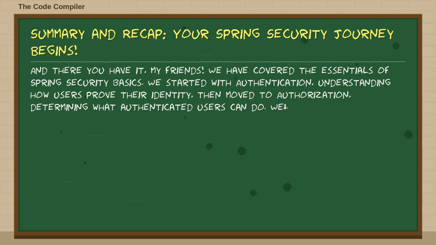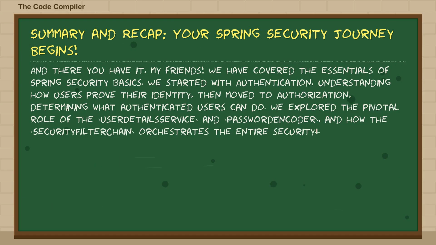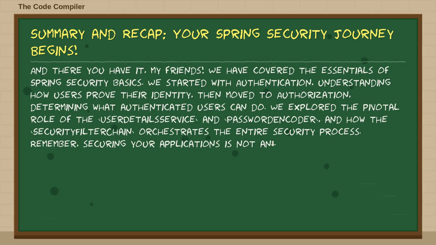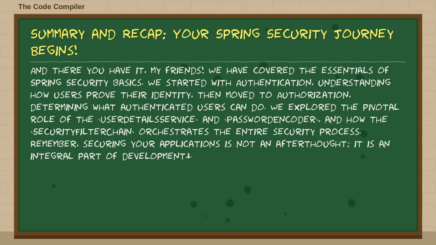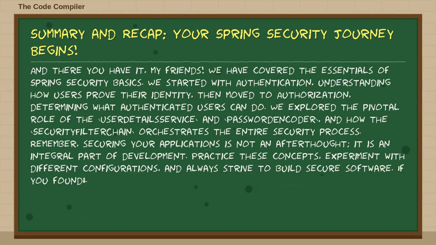We explored the pivotal role of the UserDetailsService and password encoder and how the security filter chain orchestrates the entire security process. Remember, securing your applications is not an afterthought, it is an integral part of development. Practice these concepts, experiment with different configurations, and always strive to build secure software.